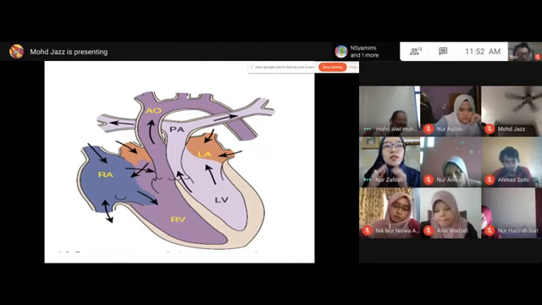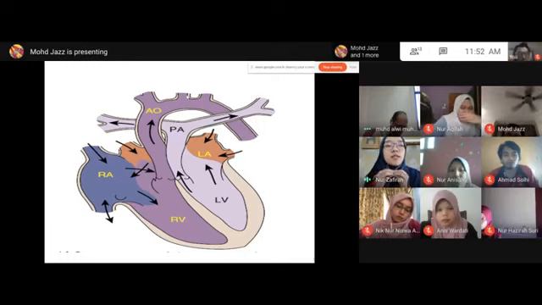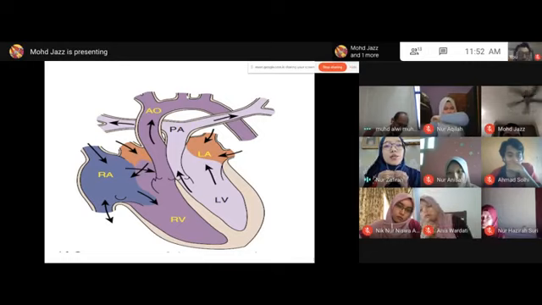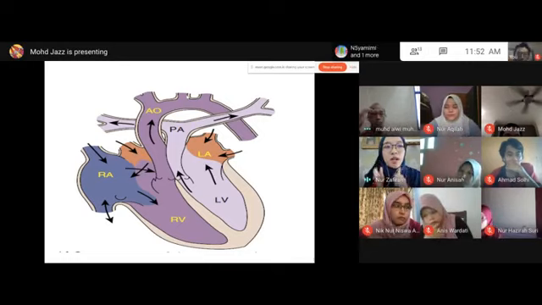So for the patient to stay alive, the baby or the heart must have a connection, either a ventricular septal defect or from the atrial part or ventricular part.